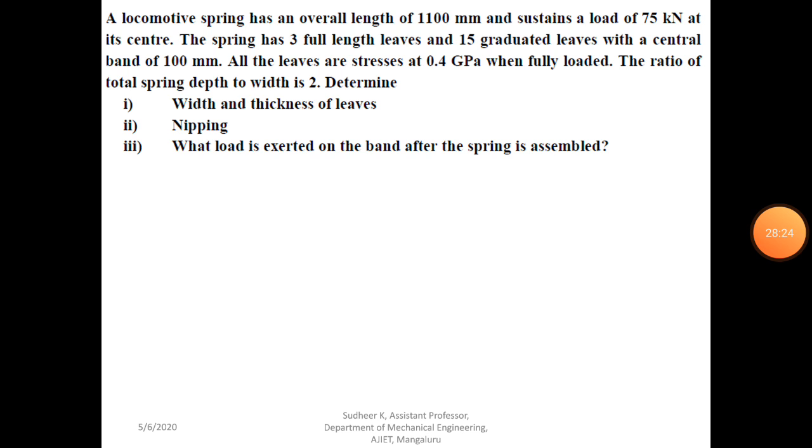Now the next problem, one of the important problems, is on the leaf spring, one more type of spring. A locomotive spring has an overall length of 1100 millimeter and sustains a load of 75 kilonewton at its center. The spring has 3 full length leaves and 15 graduated leaves with a center band of 100 millimeter.